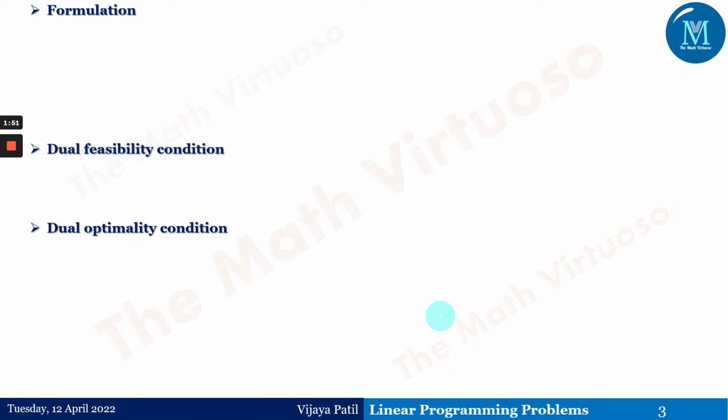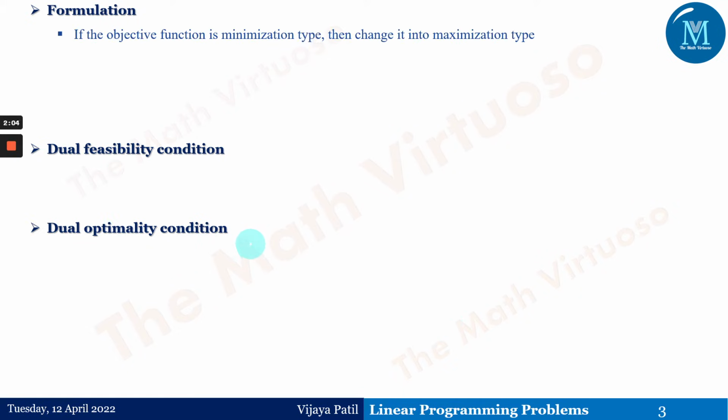Now for this particular dual simplex, again there are three types of steps. First is formulation, second is dual feasibility condition, third one is dual optimality condition. Now let us see what will happen in the formulation. The same thing: if the objective function is minimization type, then change it to maximization. This is what we are doing from the beginning.